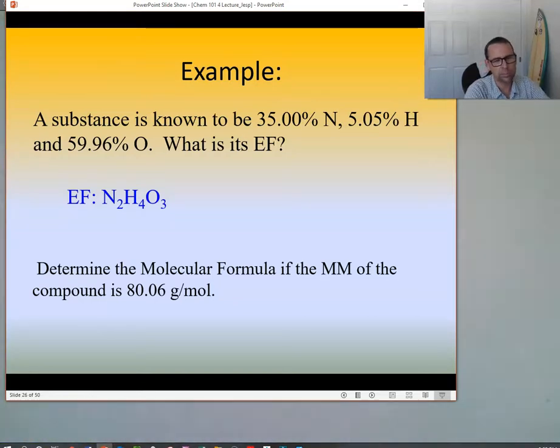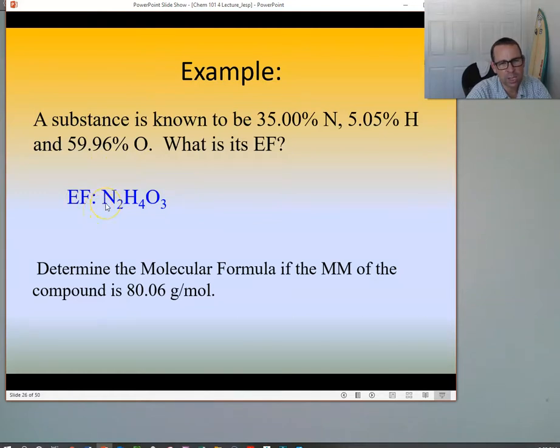Okay, so I'm just trying to process the example again. We got the empirical formula here now, N2H4O3.